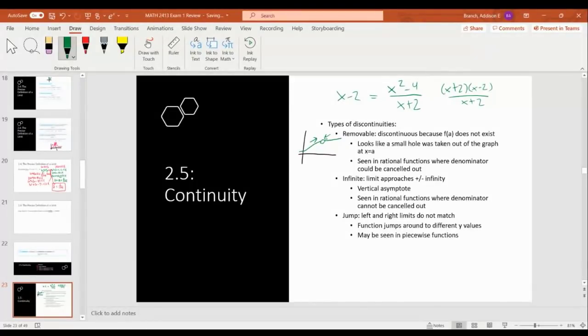Well, your function would look exactly like x minus 2 for that graph. But there would still be a hole at x equals -2 because you can't discount that piece in the denominator. So they'll factor out and look almost exactly the same. The only difference is that this one would have a hole in the graph, whereas plain x minus 2 wouldn't.